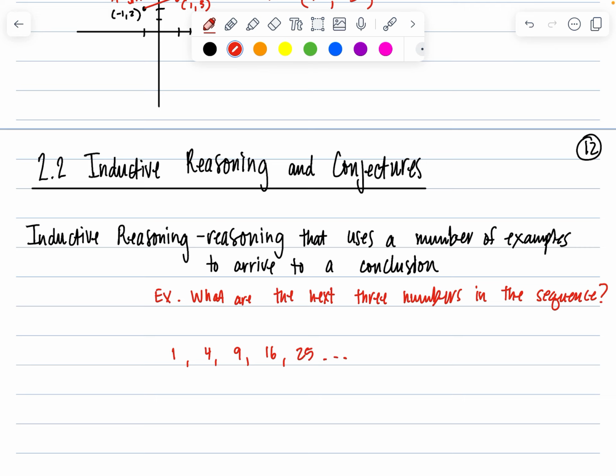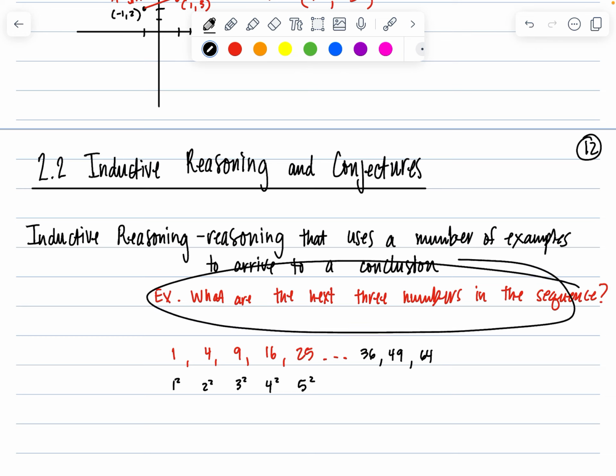Now, there are a number of ways to do this. For instance, if we realize all of these are perfect squares, you could say this is 1 squared, 2 squared, 3 squared, 4 squared, 5 squared. So the next number would be 6 squared, which is 36, 7 squared, which would be 49, and then 8 squared, which is 64. So that is using inductive reasoning to come up with the next three in the sequence.